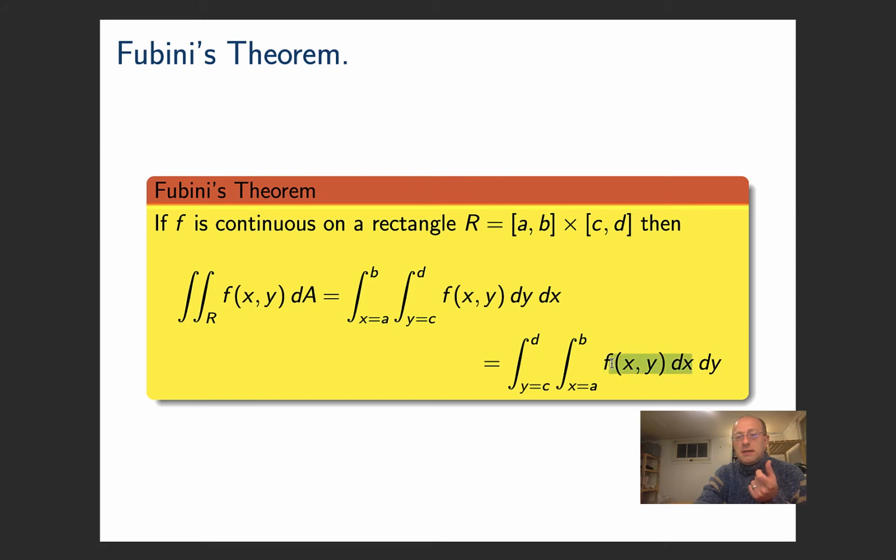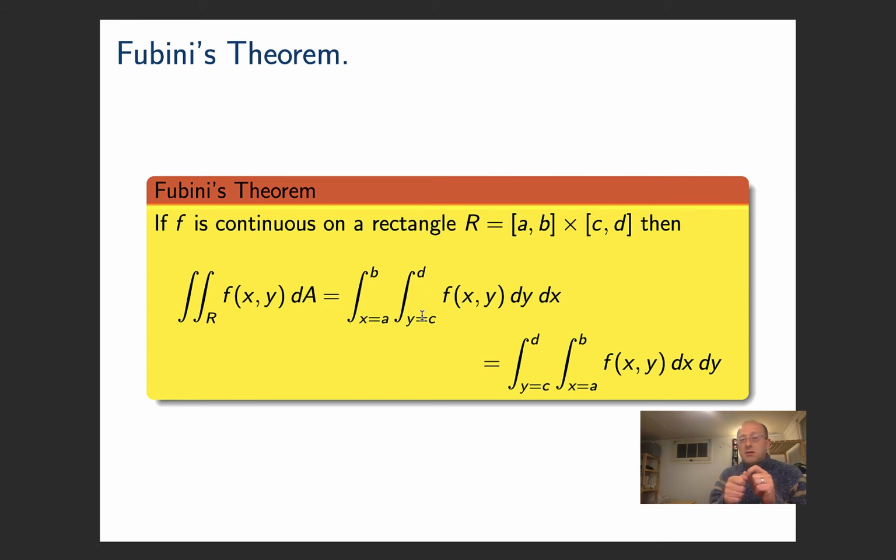The inside integral here is treating y as a constant, and x is going from a to b, and then we take all the rows. We start with row y equals c, and we go up to the last row where y equals d, and we add up all those row totals. That would give us the integral.